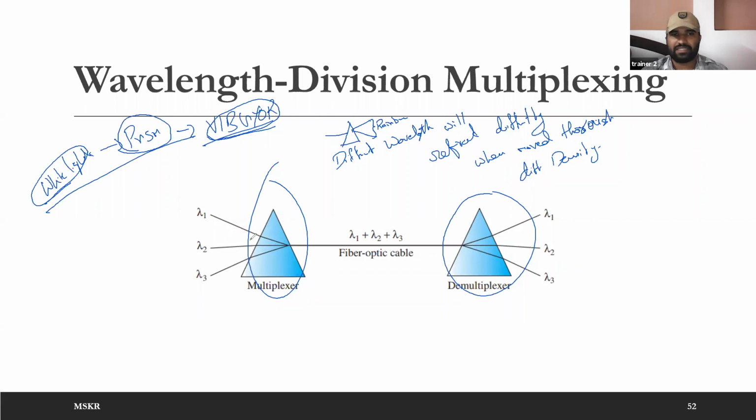When the signal goes from a low density to a high density material, they are going to refract, that we already know. So the refraction angle depends on the wavelength. So that we are going to use for our advantage.